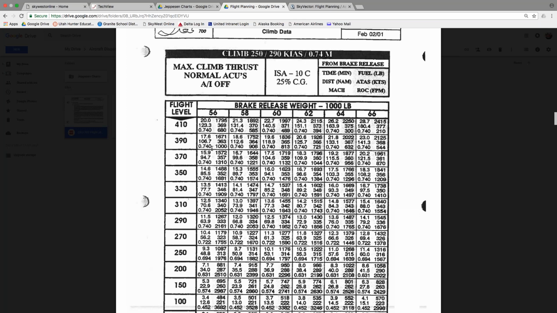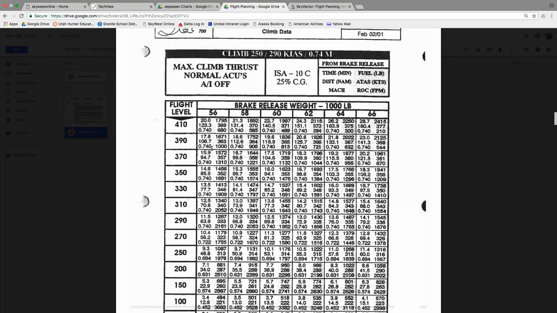So we've got to find ISA at 38,000 feet. To find ISA at 38,000 feet, what do we do again? Times 2. So we've got 38,000 feet here. Move that decimal over 3 spots. We have 38, multiply that by 2.